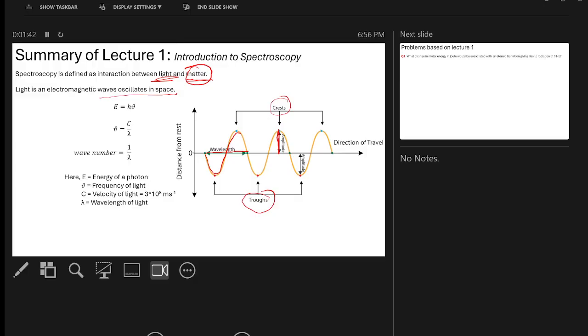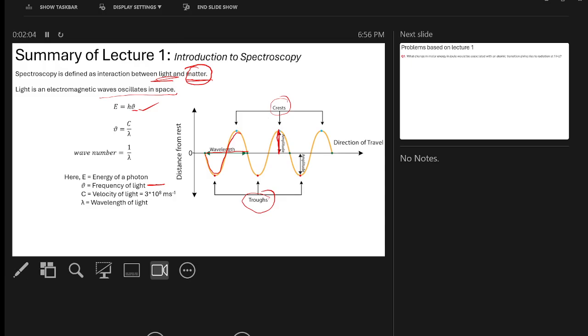The energy of these electromagnetic oscillating waves can be given by the equation E equals h nu, where nu is the frequency of light. How fast the wave is oscillating per second is called frequency.